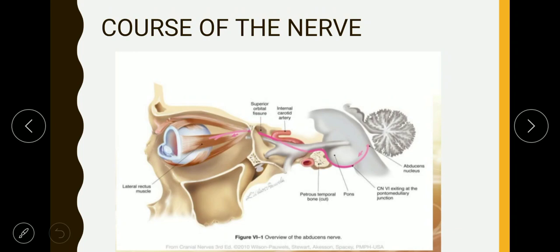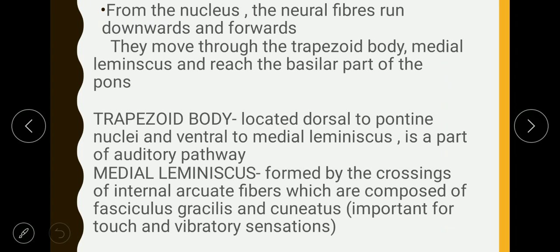Next, let us see about the course of the nerve. The nerve fibers from the nucleus run downwards and forwards. As they move downwards and forwards, they move through the trapezoid body, the medial lemniscus, and reach the basilar part of the pons.